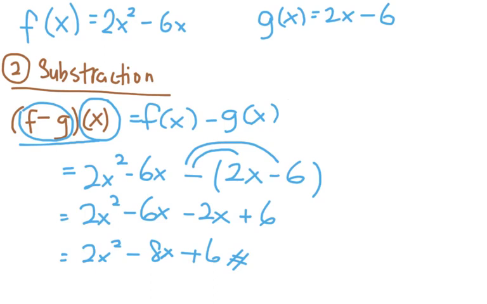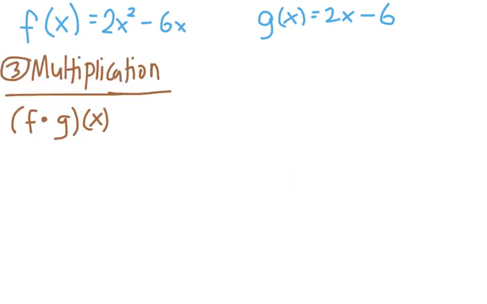So let us proceed to the third part, which is about the multiplication. So the same thing for multiplication, f dot g x. If you find something like this, it means that what you want to do is function f multiply with function g. So the dot here means multiply the function.